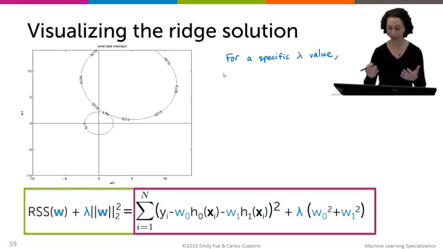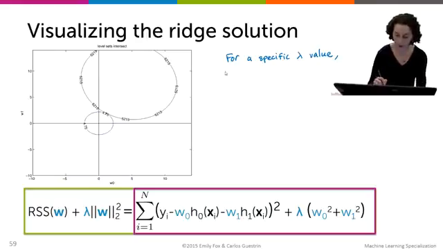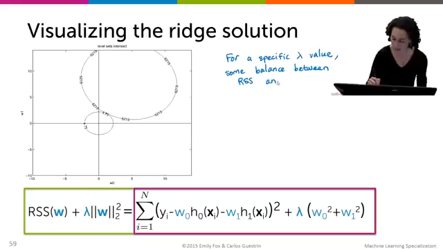Lambda is automatically doing some trade-off between the two, some balance between RSS and our 2 norm.